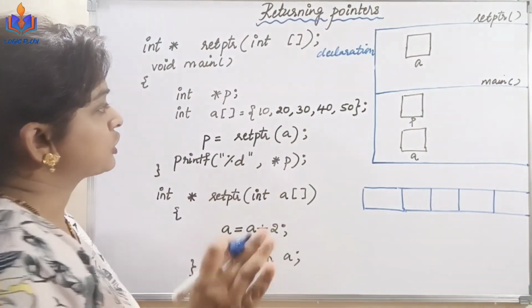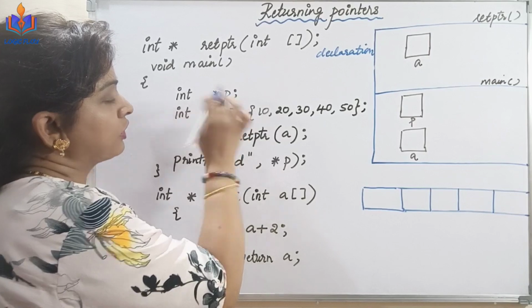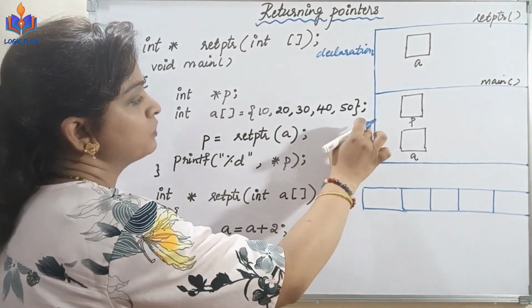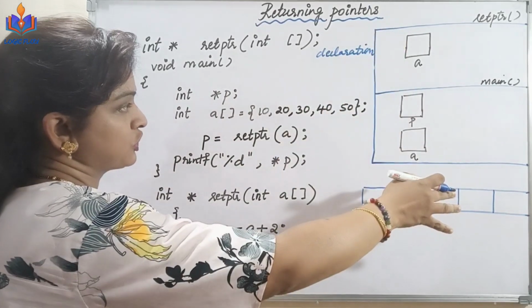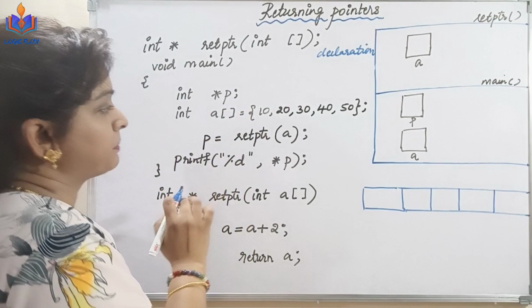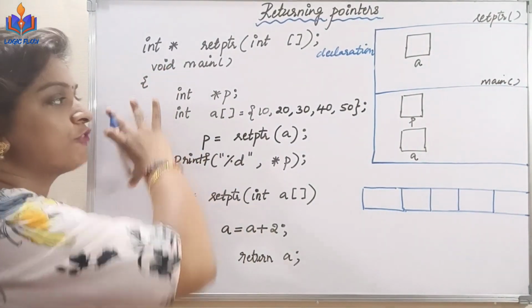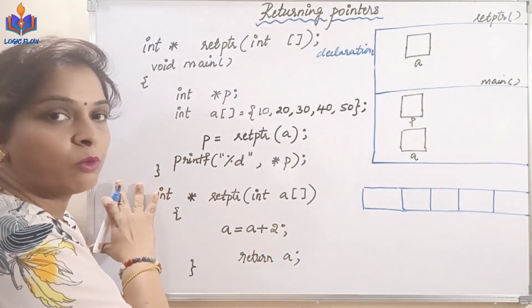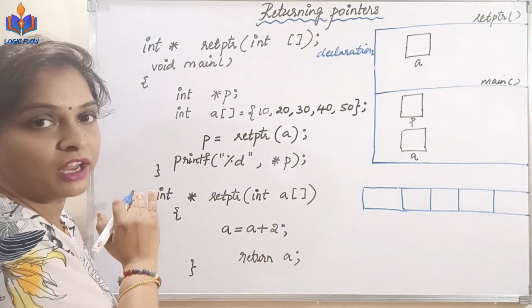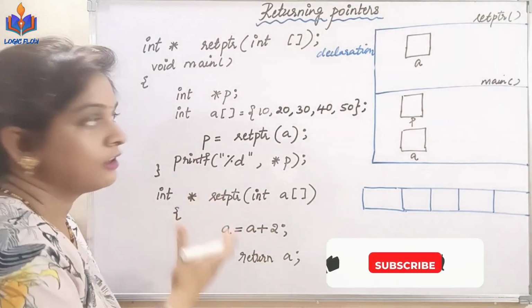In the main function, I have a pointer variable p, and an array is declared and initialized with all these values. Let us see all the memory allocations now one by one. Then I am calling the function. For the main function, first of all, the memory will be allocated. When you have a program, the memory will be allocated differently for different purposes.